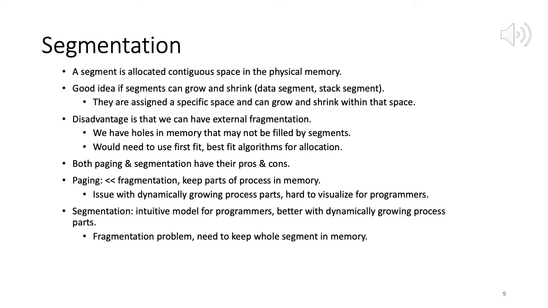So each logical segment, whether it's a subroutine or main program or symbol table or stack or square root function, has to be mapped into a corresponding physical space. So do note we have segments on both logical and physical address spaces.